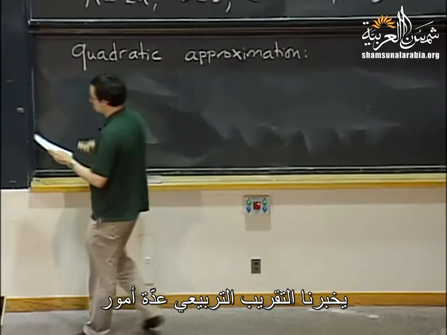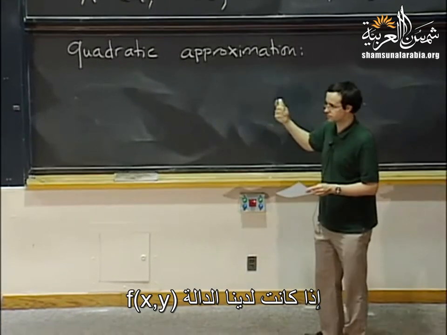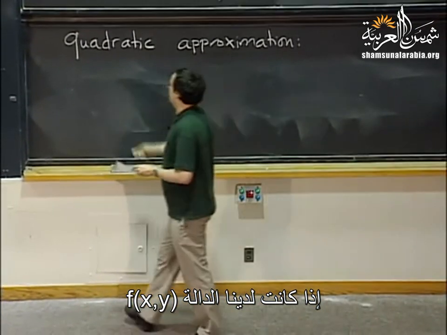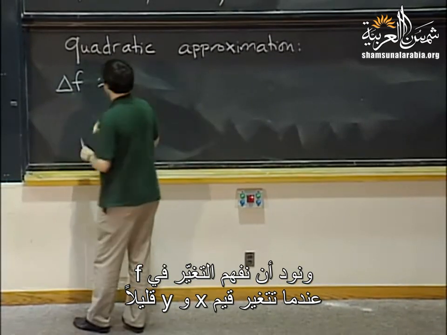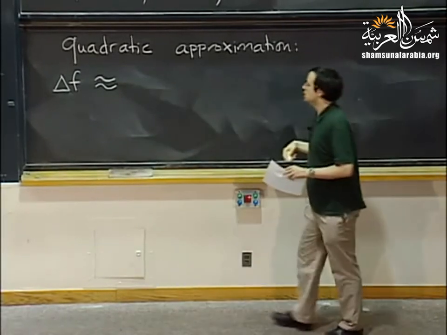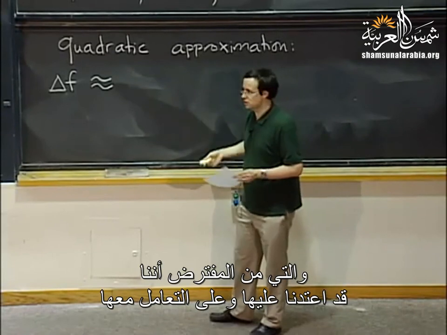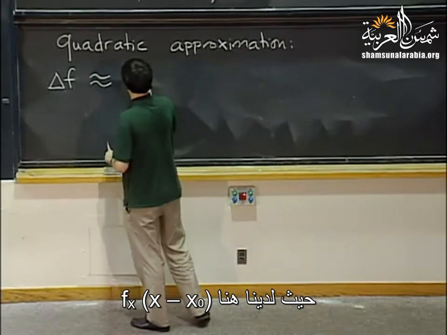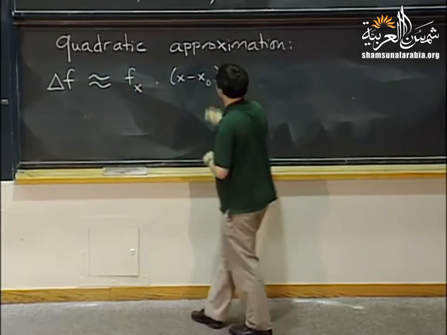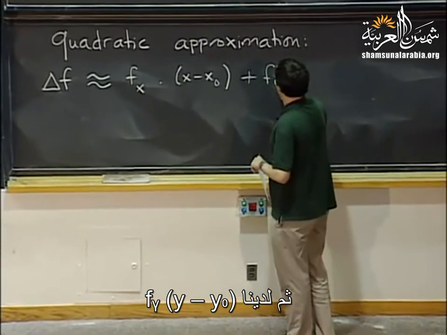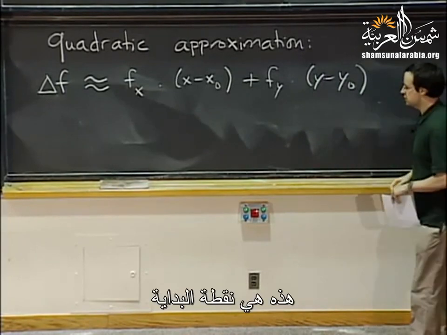It tells me if I have a function f of x, y, and I want to understand the change in f when I change x and y a little bit, well, there's the first order terms, the linear terms that by now you should know and be comfortable with. That's f sub x times the change in x. Then there's f sub y times the change in y. Okay, that's the starting point.